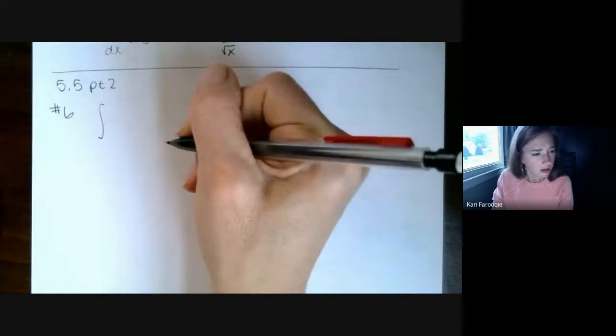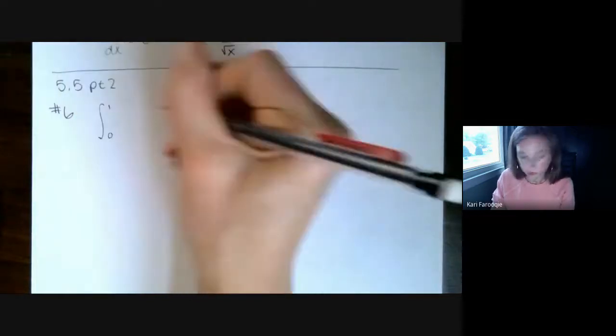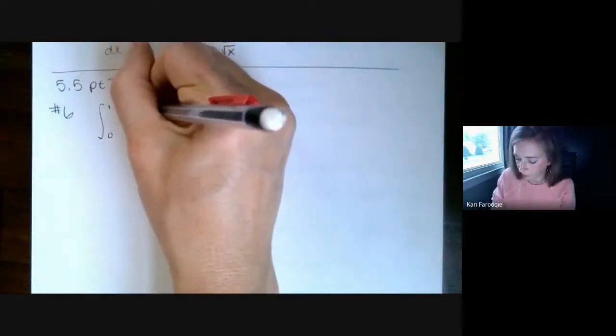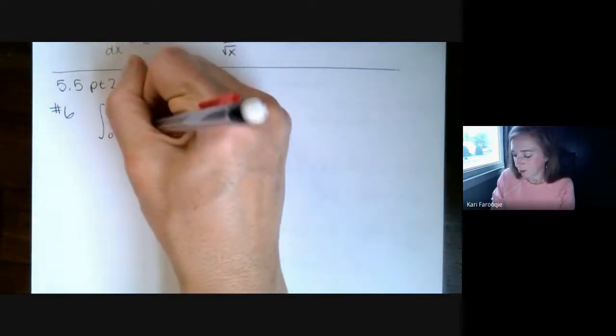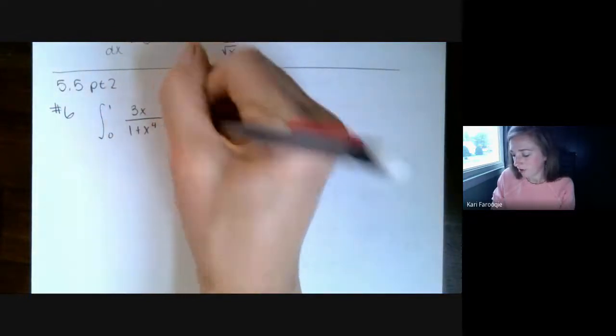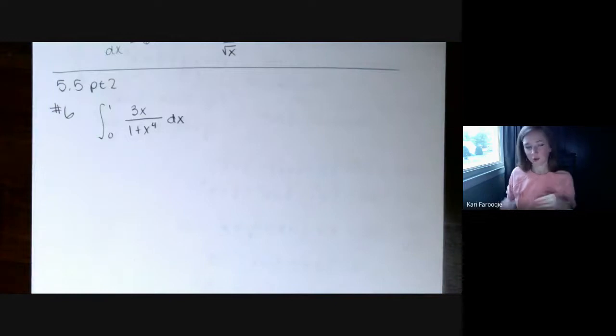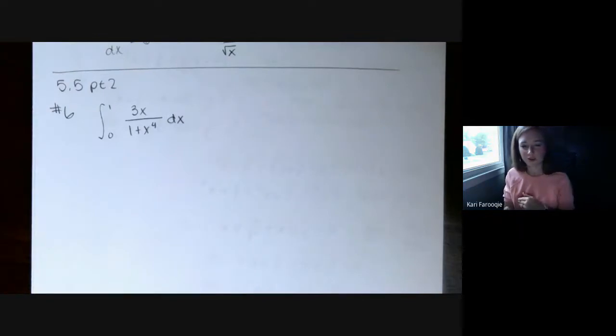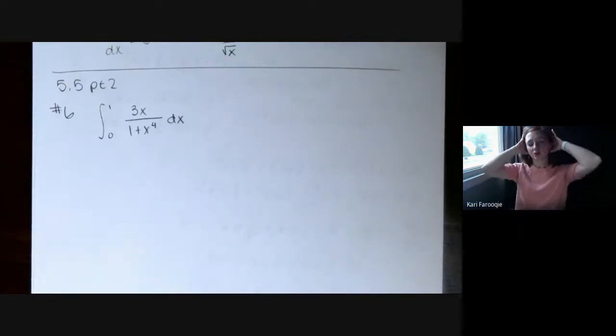So number 6 is the integral from 0 to 1 of 3x divided by 1 plus x to the 4th dx. I'm smiling because this is one of those ones that's trickier to figure out. I don't know why that made me smile. Because it's instructive, I guess.